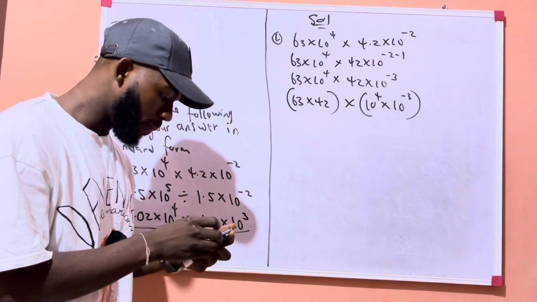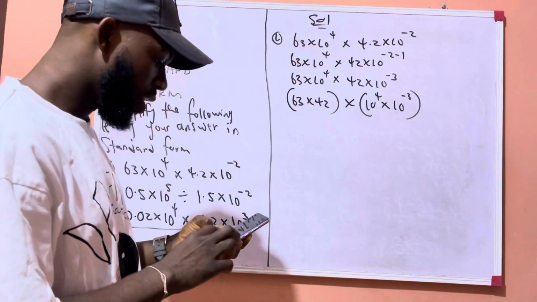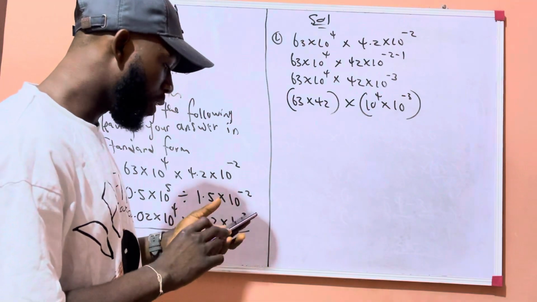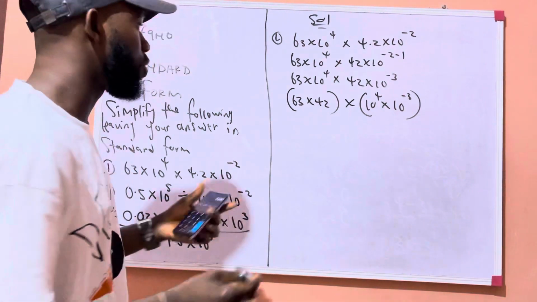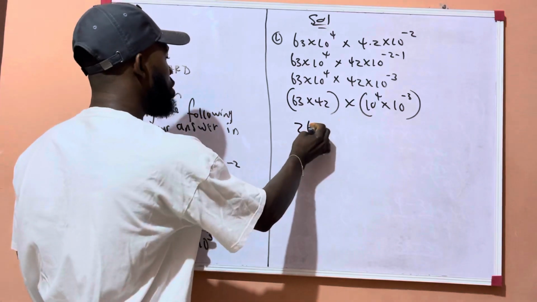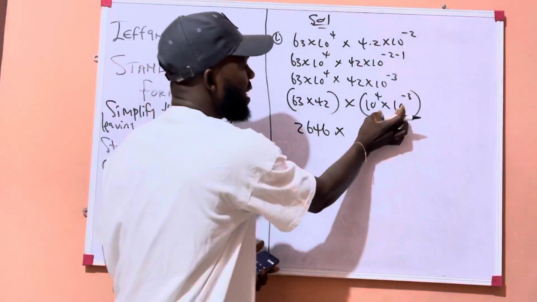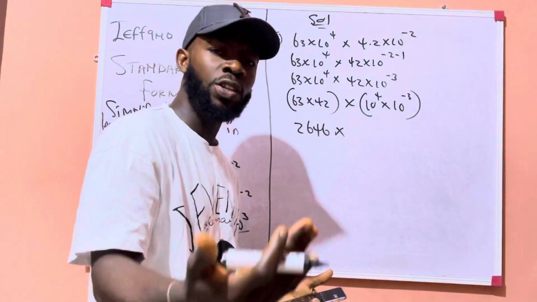Now we multiply. Now when we multiply 63 times 42, we are going to get 2,646. Now we have 2,646 times. Now you will notice in this bracket, we are going to use laws of indices.